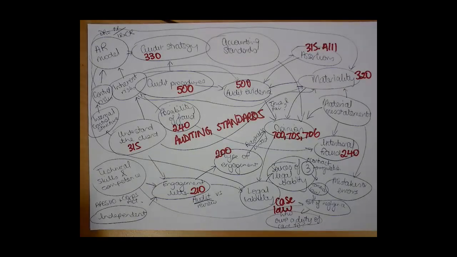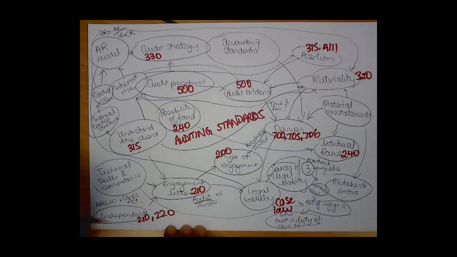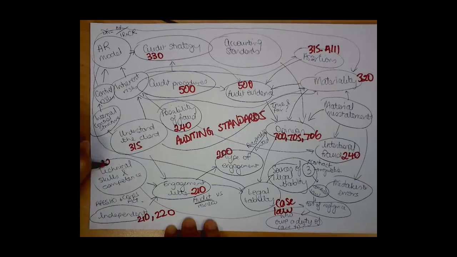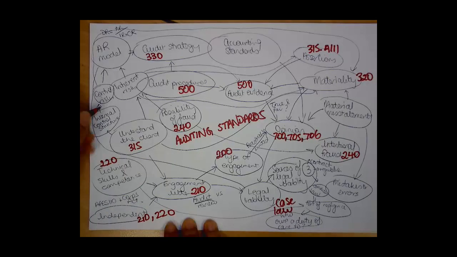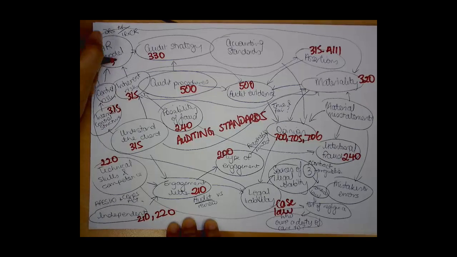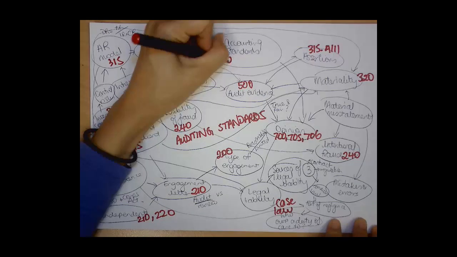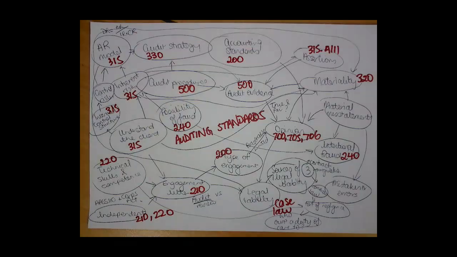Independence comes in our engagement letter and in quality control, so 210, 220. Technical skills and competence is quality control, internal control structure, and control risks is 315. Same with the inherent risks and the audit risk model. The accounting standards will come in 200 because they are our appropriate standards that we use.